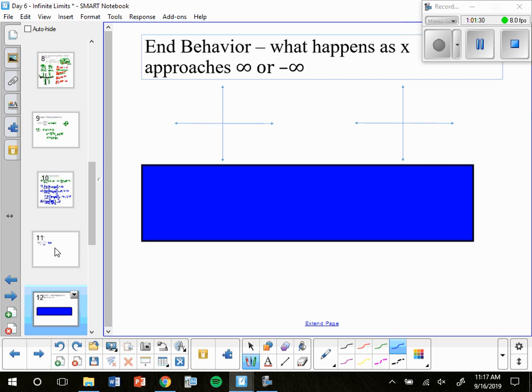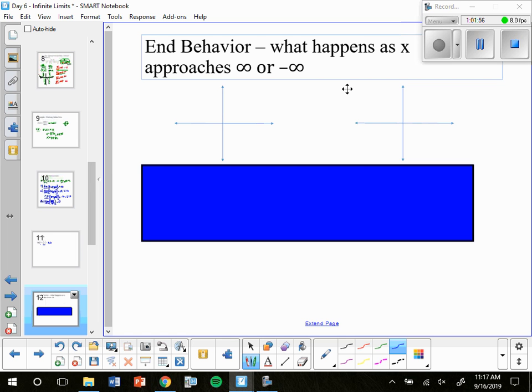So instead of looking at what's happening as x approaches a certain value, we're looking at what happens as x gets really, really big towards the positive infinity side or really, really big at negative. Does that make sense? We're saying, do we level out eventually? So when I talk about end behavior, I'm looking for horizontal asymptotes. And it's what happens as x approaches infinity or negative infinity.